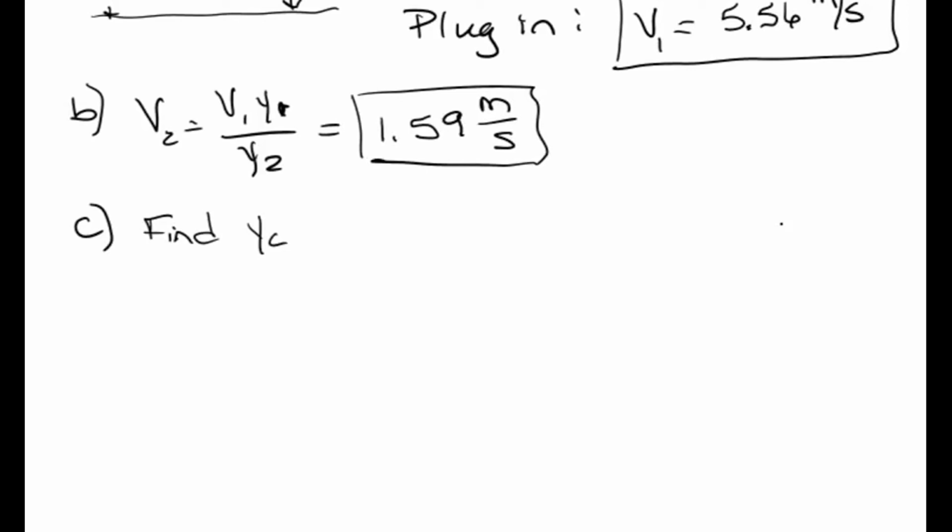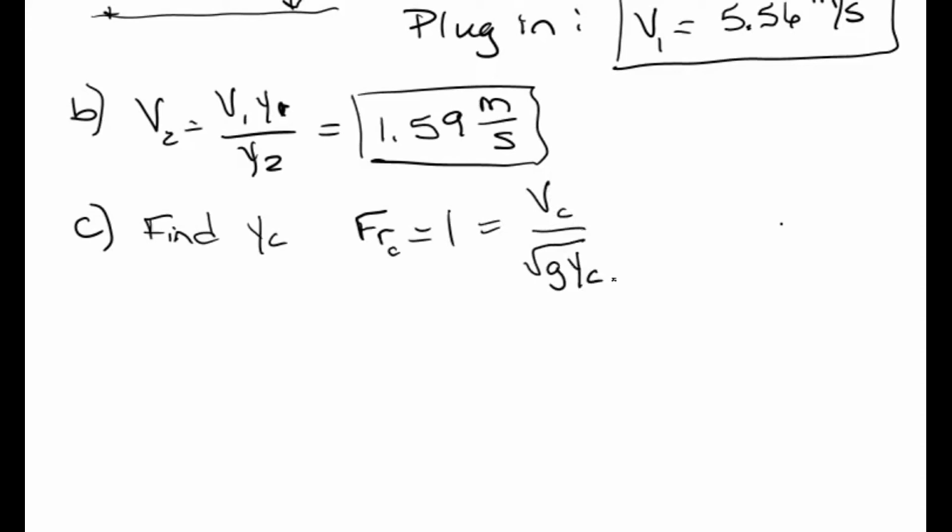You have to remember the critical depth happens when the Froude number is equal to 1. Froude number critical equals 1, kind of like Mach number equals 1. And the Froude number would be V critical over the square root of G Y critical.